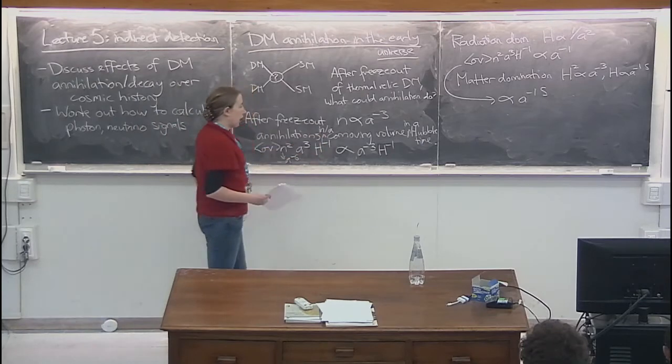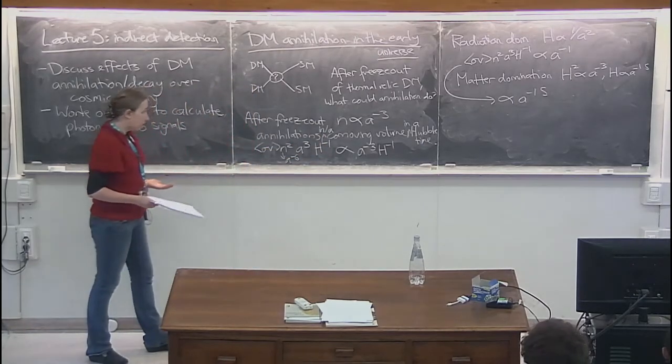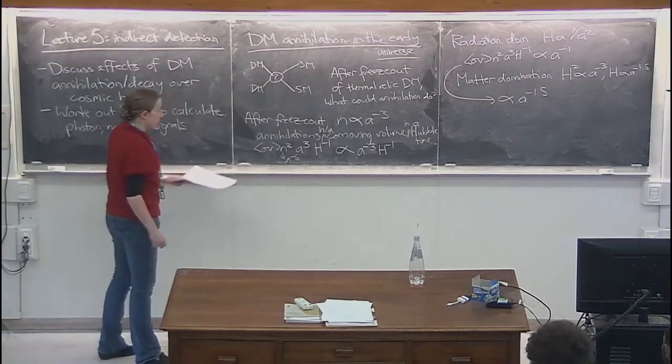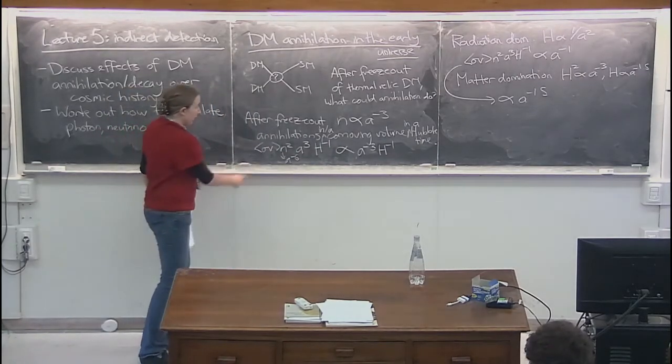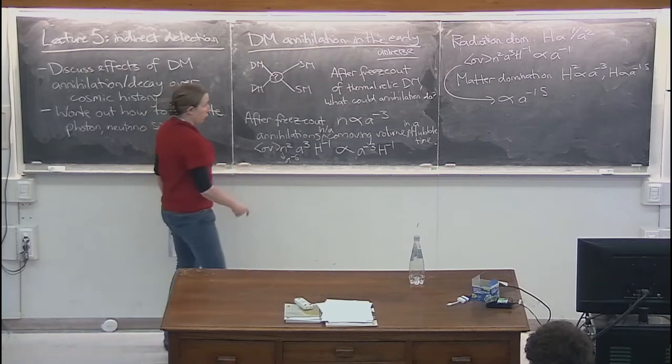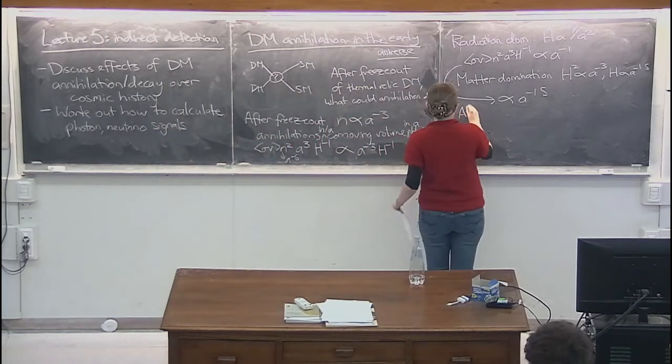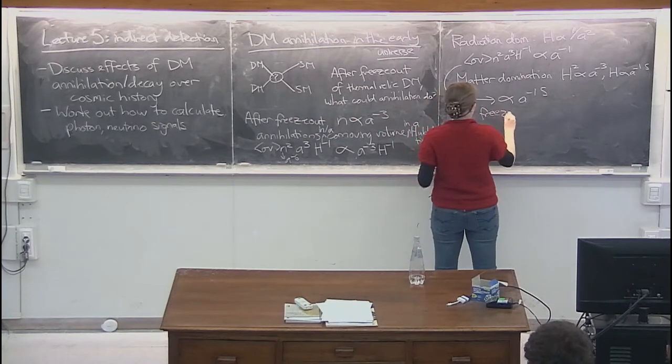The amount of dark matter per co-moving volume is approximately constant after freeze out. So this rate at freeze out, annihilations over a co-moving volume over a Hubble time, is going to be of order 1.